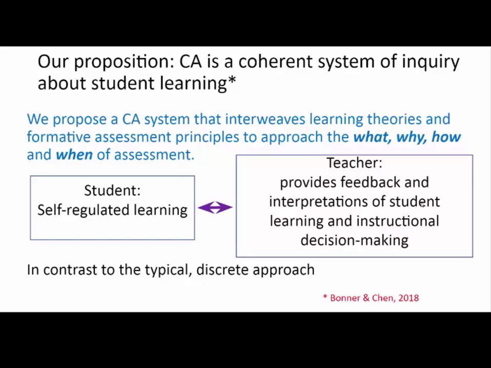How do they self-correct? How are they aware of the kind of work that they're doing? How are they aware of mistakes that they had made in the past that they want to avoid in the future? What does good work look like? Etc. So it's kind of trying to balance the point of view of the teacher along with the point of view of the student, instead of just the typical discrete approach that we've always used in this class in the past.